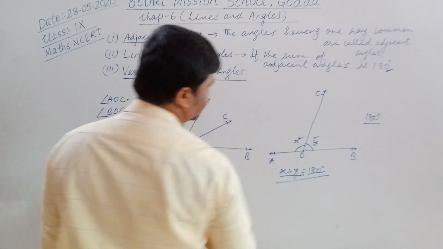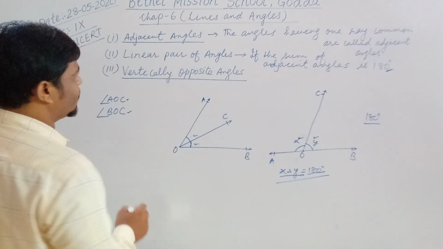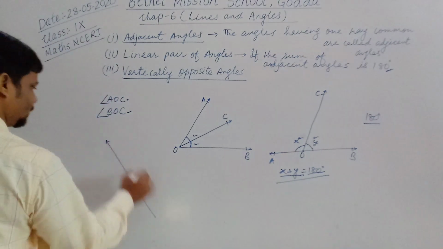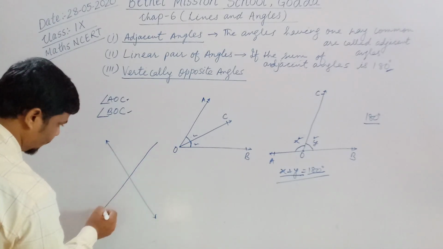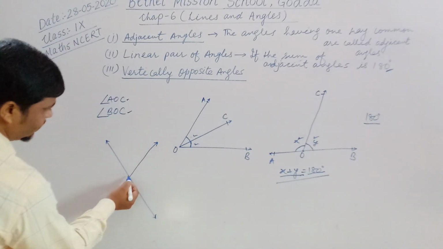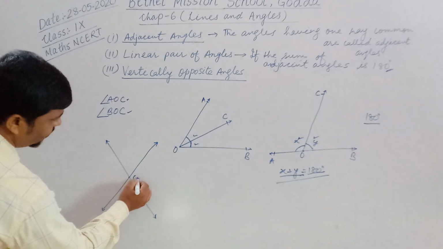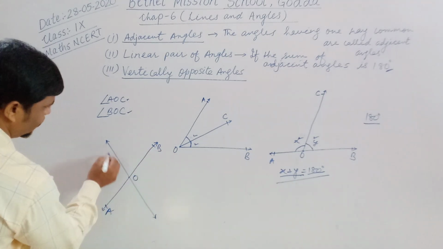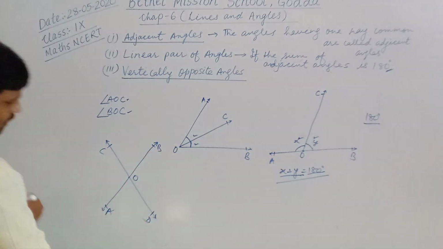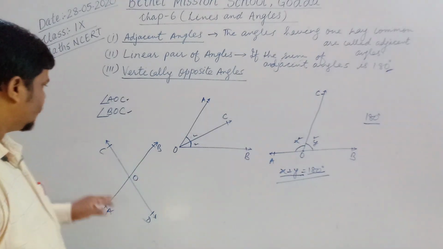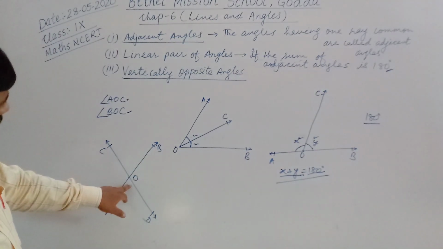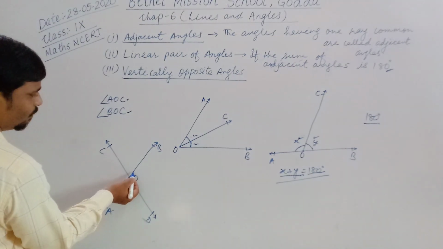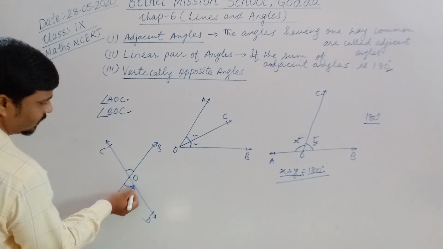Vertically opposite angles. What are vertically opposite angles? You see, this is one line and this is another line, and they are intersecting each other at this point, and that point we suppose O. Lines AB and CD intersect each other at the point O, and when they intersect, you see the opposite angles, this angle and this angle.